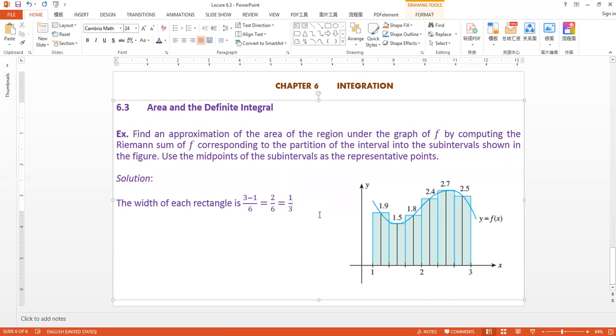Then we can calculate the area of all the rectangles and add them up.